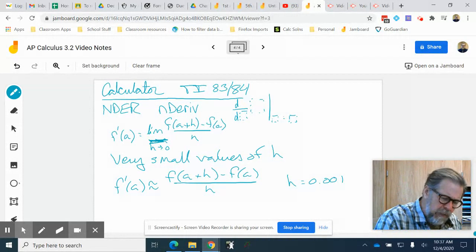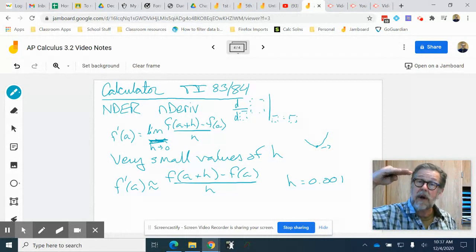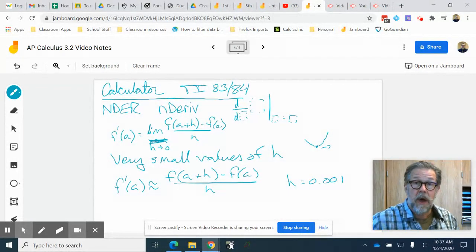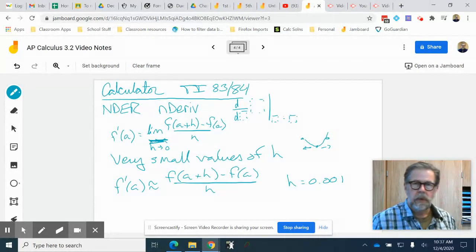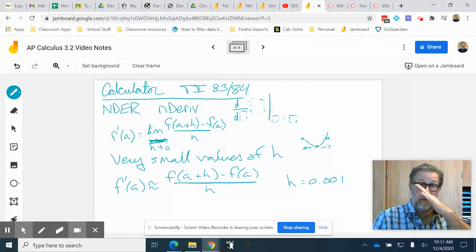Well, what happens when a function is coming down and then coming up? What if I go in one direction, it's higher? Obviously, my approximation is going to be off because it's above. So if I took the average of 2 points, if my function is just going up, it doesn't matter. I take the average of 2 points, they're both the same.